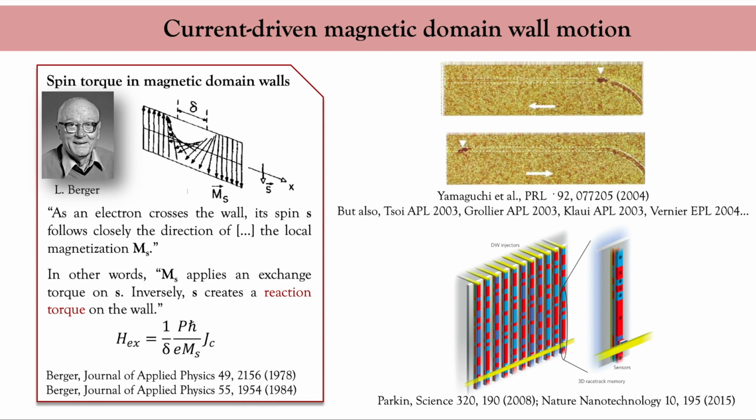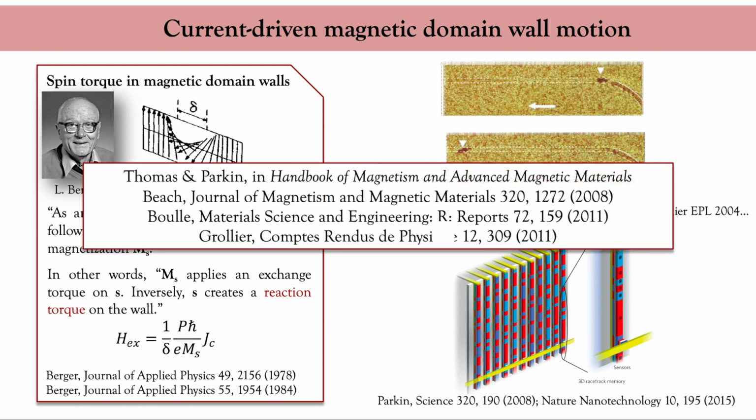This device is a shift register, where the information is represented by the presence or the absence of a domain wall, and the wall itself is moved by a current. In this lecture, I'm going to explore the physics of the interaction between spin currents and domain walls. But if you want to learn more about the state-of-the-art of this field, you can look at these very nice reviews.